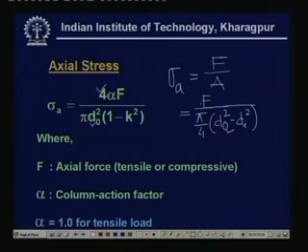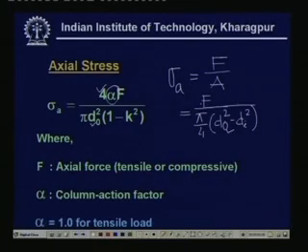Then you find that a new term alpha has been introduced in this equation. Now, what is this alpha? This alpha is a column action factor. What is the meaning of this column action factor?